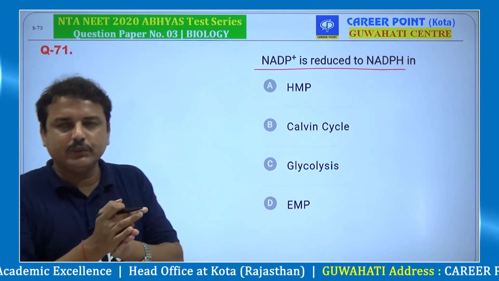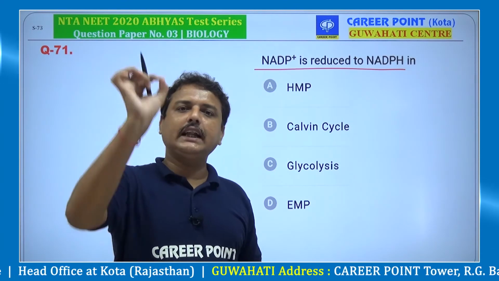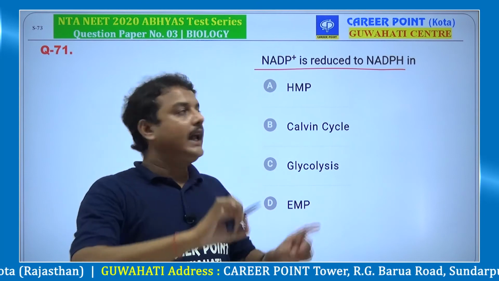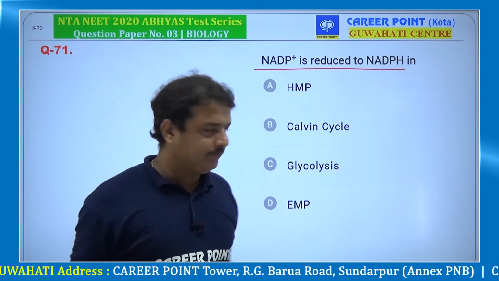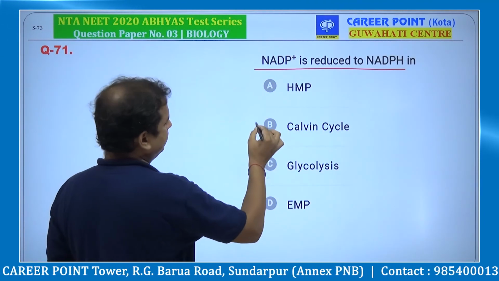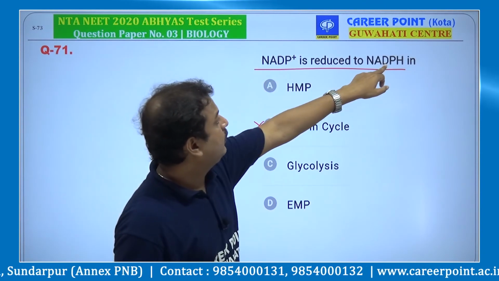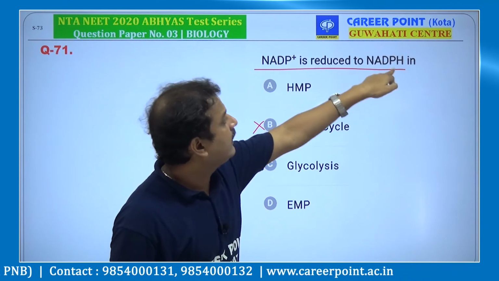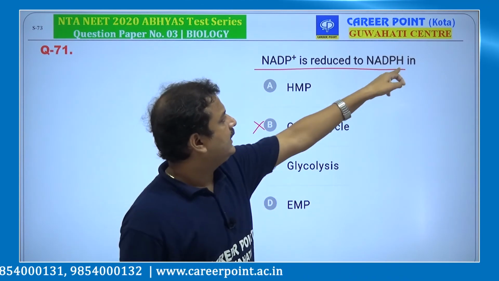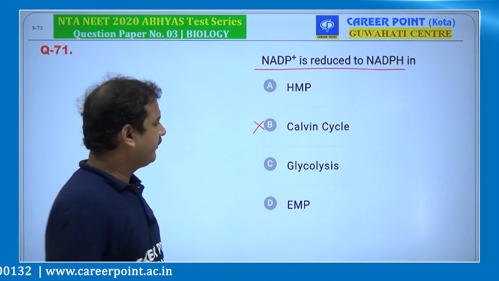In non-cyclic photophosphorylation, ATP, oxygen and NADPH are produced, as you know. In the Calvin cycle, the C3 cycle, there is no reduction, because NADPH is oxidized to NADP.